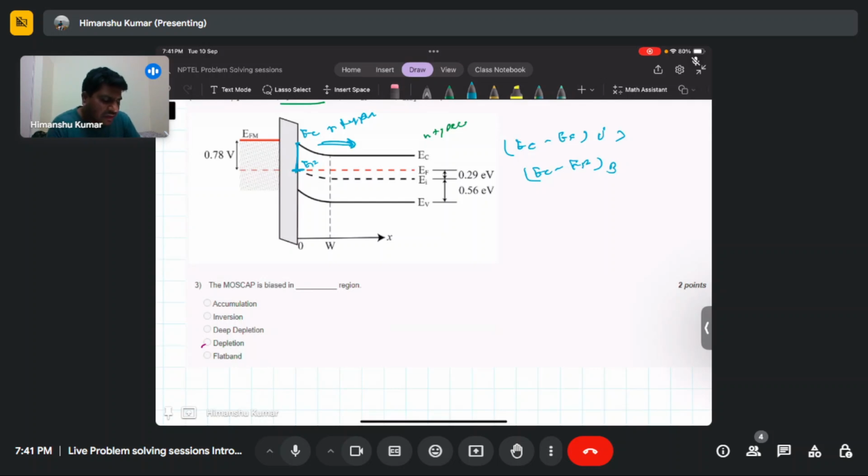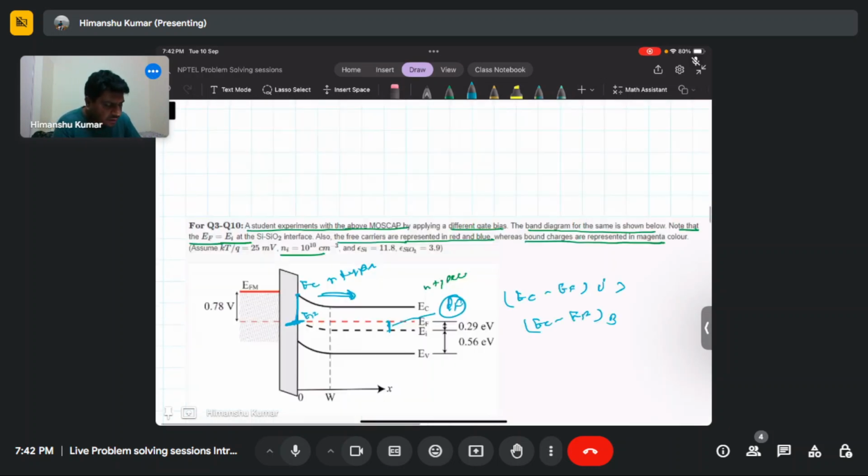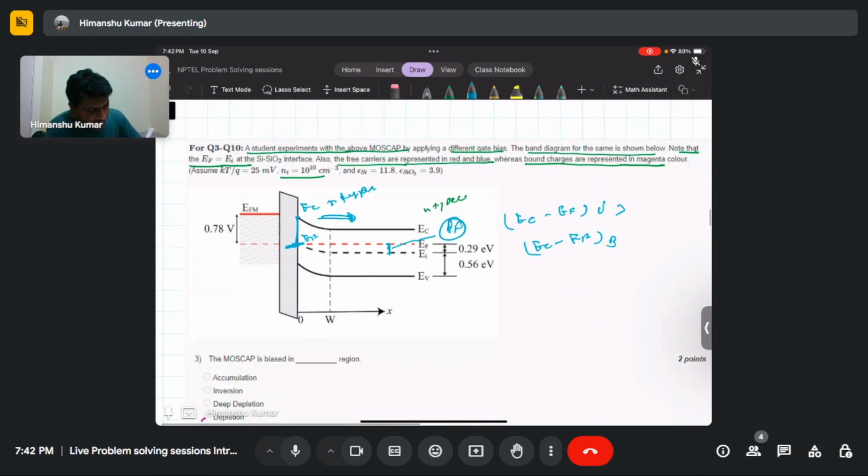Basically, EI minus EF is your surface potential, and we can say whether it is in the depletion region or inversion region by telling how much this interface has been depleted.